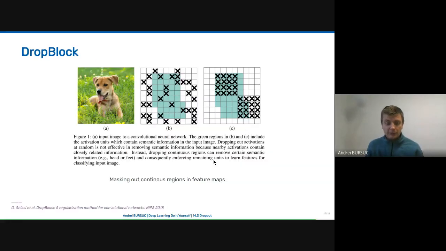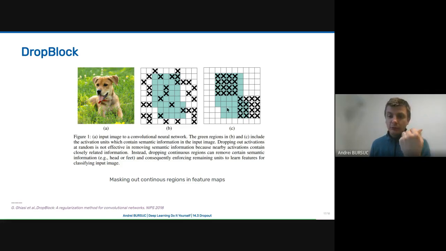There are some newer variants of dropout. The most powerful one is DropBlock. Instead of just dropping some random pixels in the feature maps, which is not very helpful, here they drop blocks of pixels at a time. They take consistent blocks of pixels that are dropped out.